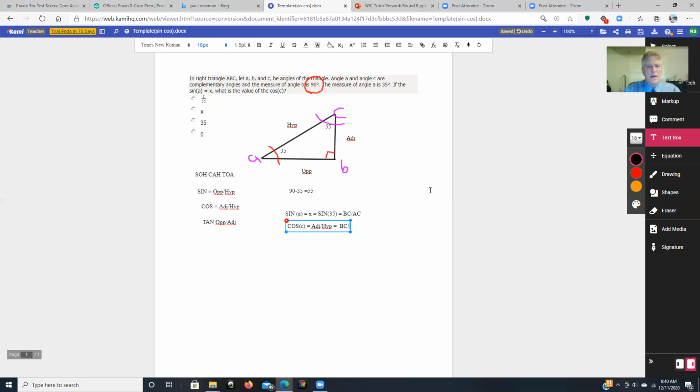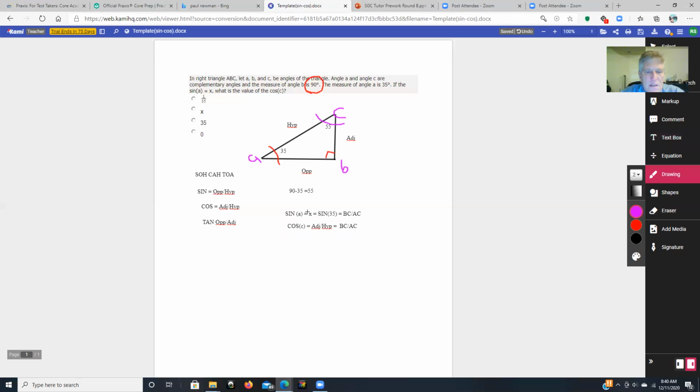So in this case, we've got AC. What we notice is that this is exactly what we had here. So the sine of A is equal to this, and the cosine of C is equal to this. We said that sine of A was equal to X, which means that cosine of C has to be the same thing, which means that this is our answer.